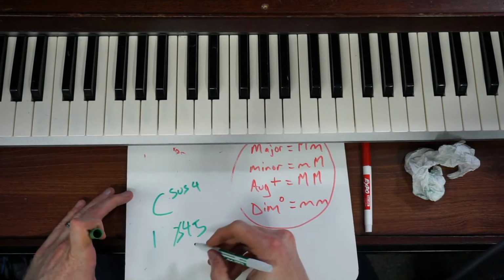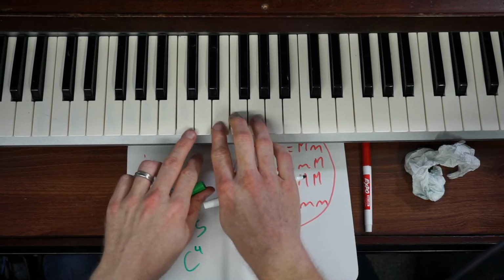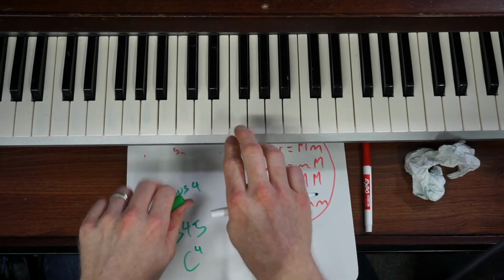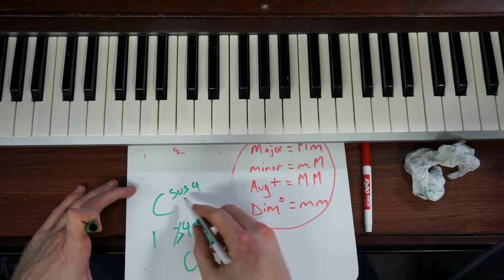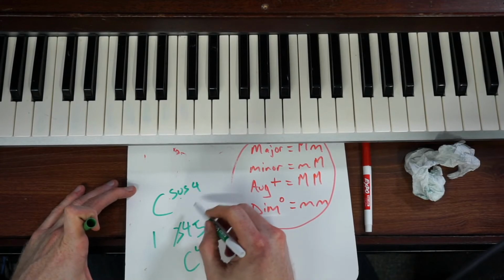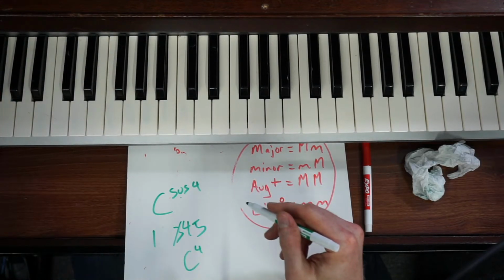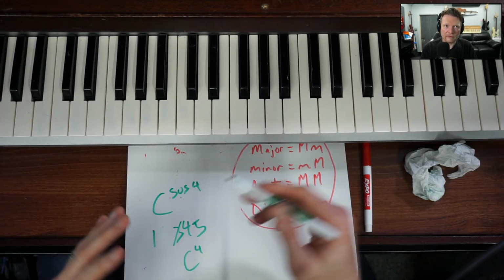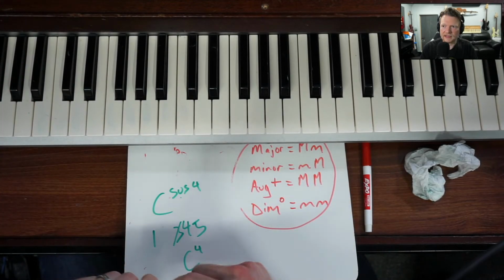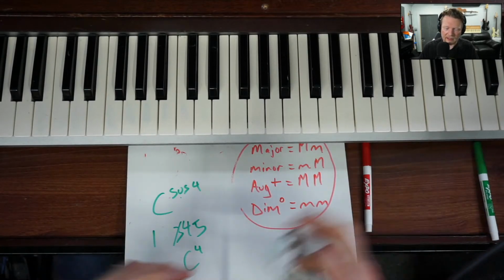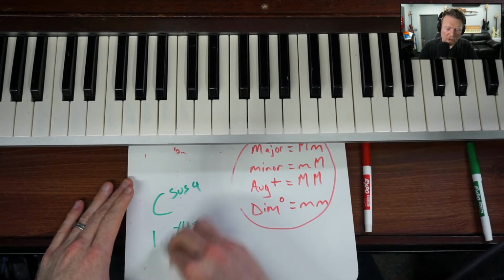If you had just a C4, then this would be your chord. You would add in the 4 with the third, but the sus means essentially exchange the third for the fourth. That's what the sus is going to mean whenever you see it written. The way that most people will use it is that's what it means. You'll find that sometimes people, as they're writing out chords, mean different things, but that's kind of how it is.